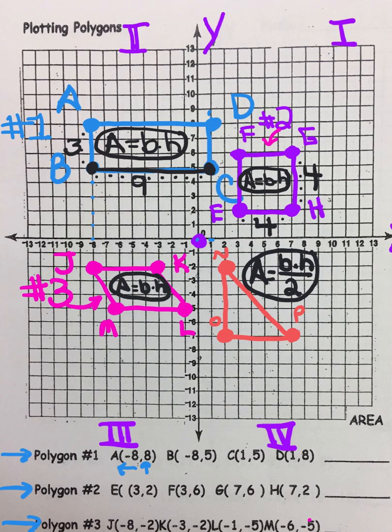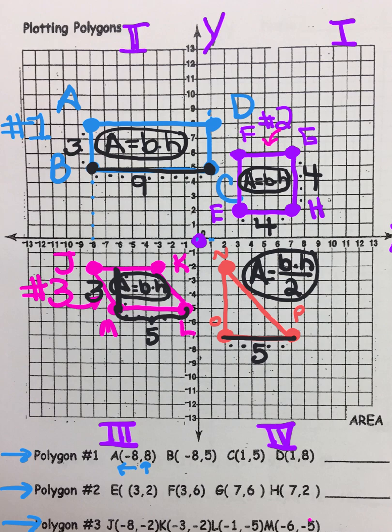For the parallelogram, we have a base length 1, 2, 3, 4, 5 units along the base length. And then the perpendicular height is measured here, and that is 3 units high. 1, 2, 3. And lastly, on the triangle, the base runs here, 1, 2, 3, 4, 5 units long.